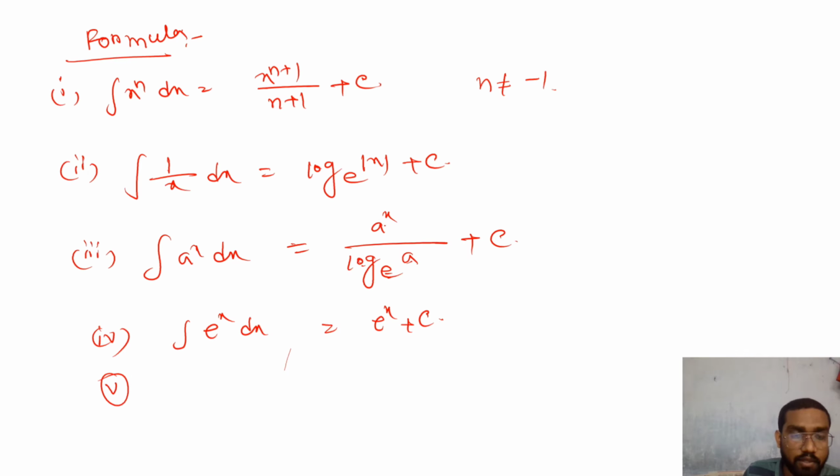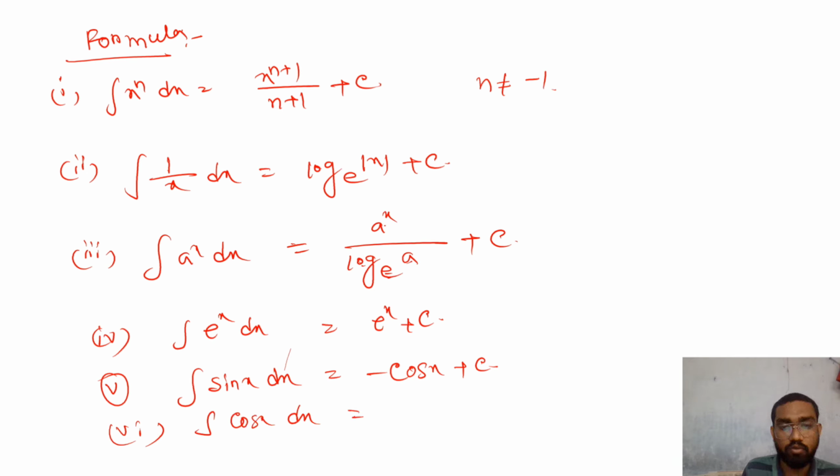Now fifth is the integral of sin x dx, that is equal to minus cos x plus c. Now sixth is the integral of cos x dx, that is equal to sin x plus c. Okay.